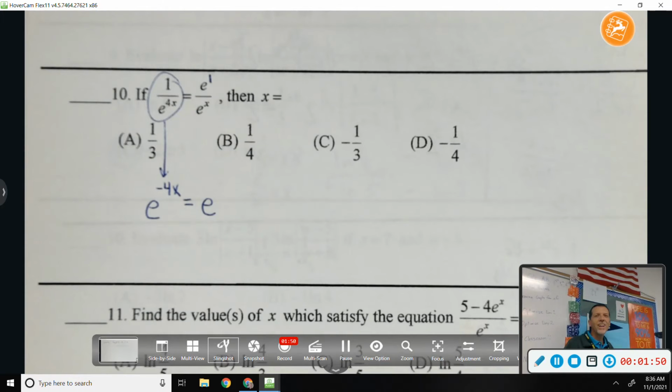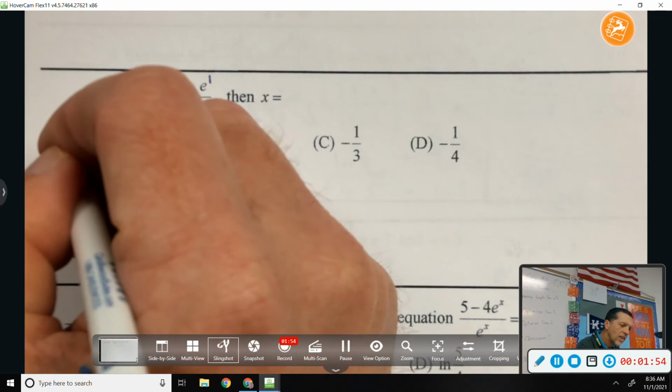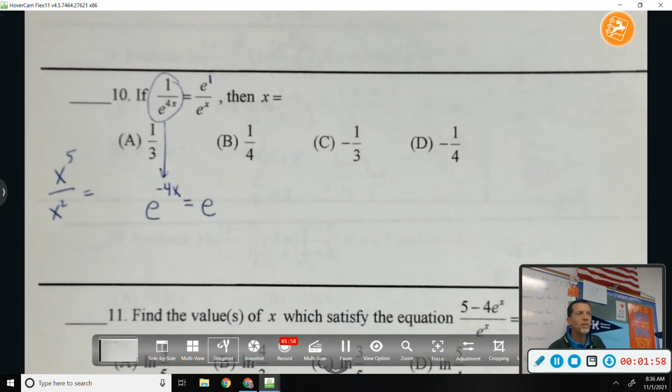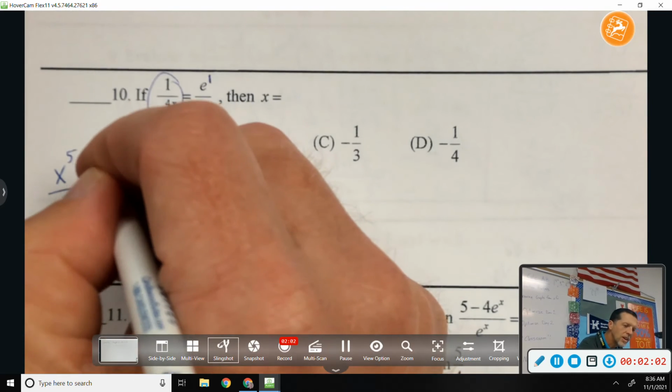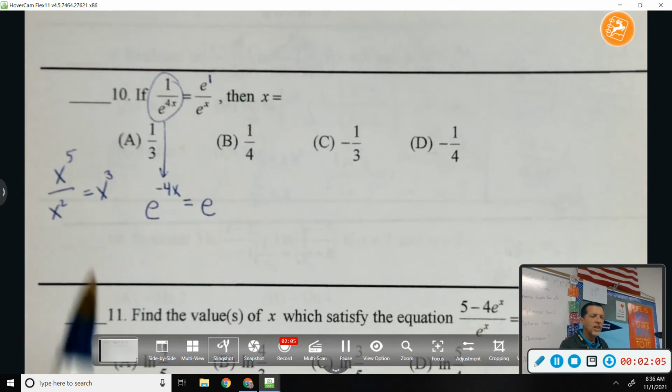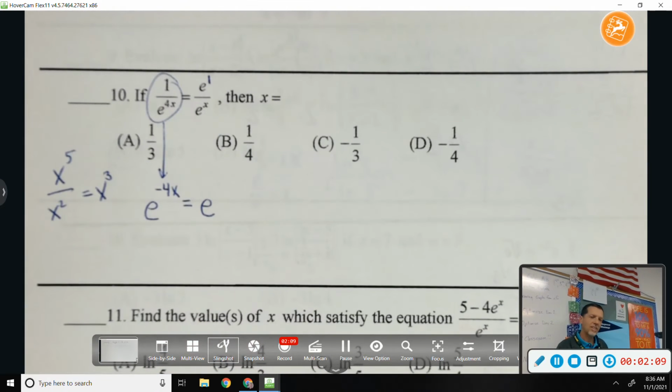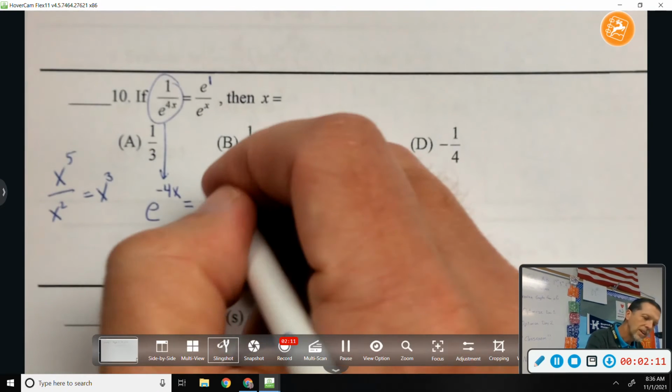And the right-hand side, like what's x to the 5th over x squared? Let's just get our brain remembering what we do with exponents here. How did you get x cubed? You subtracted. So what am I going to do with e to the 1st over e to the x? 1 minus x.